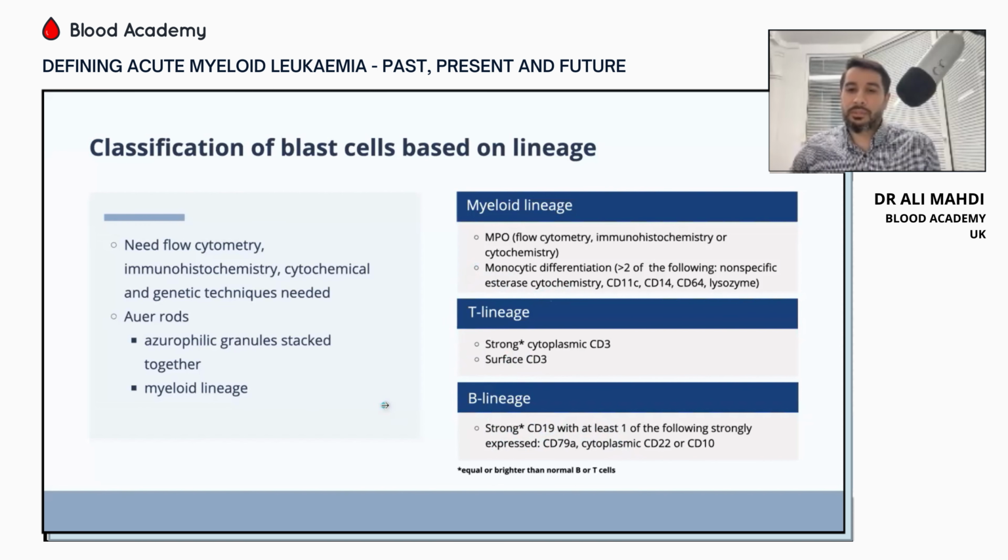You could have some diseases, so the classical thing that you may get is translocation 8;21, where the blast cells may also aberrantly express CD19. But that has to be differentiated from mixed lineage leukemia.